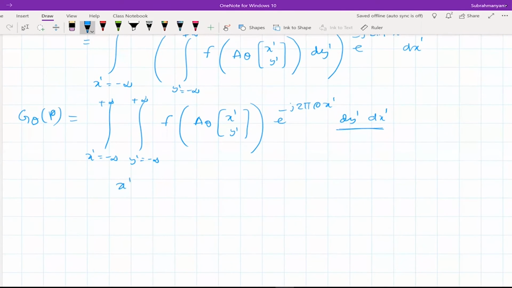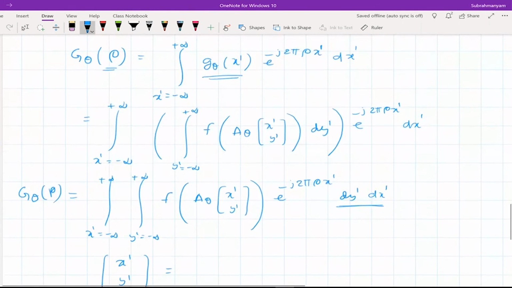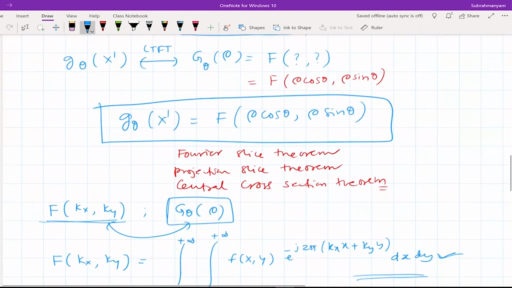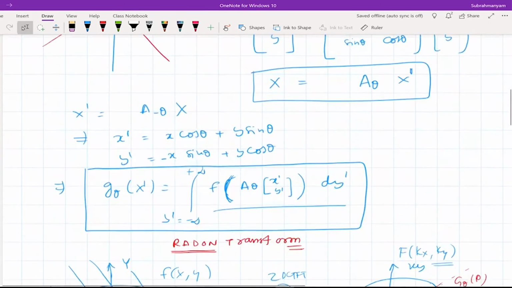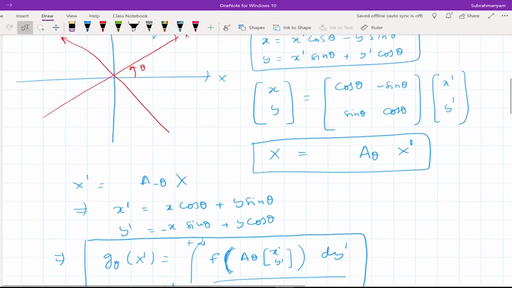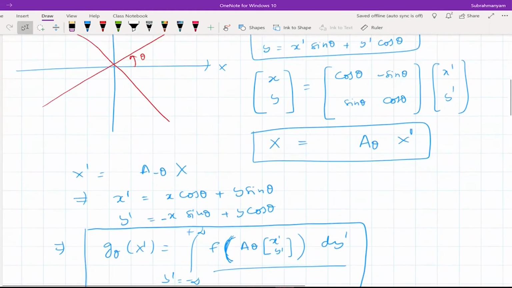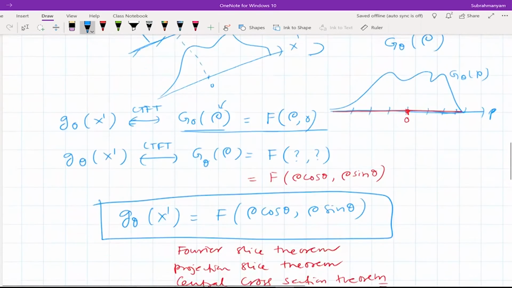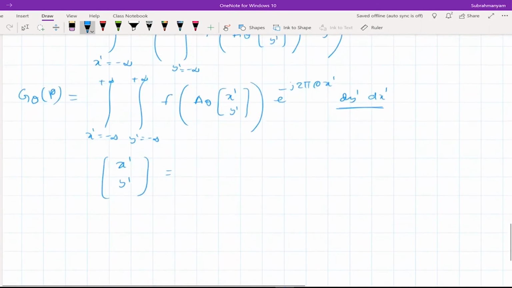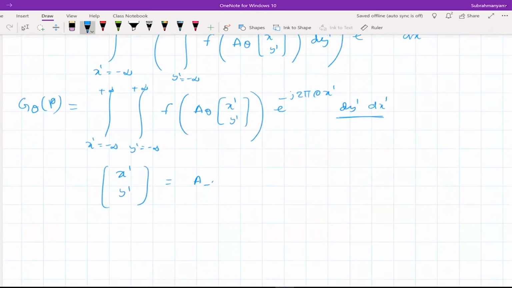So instead of x prime y prime, you take them. Can you express it in terms of x and y? See, these x and y exactly make sense here. So do we have any expression for that? x prime y prime is equal to what is the expression here? A minus theta into x prime y prime is equal to a minus theta into x comma y.